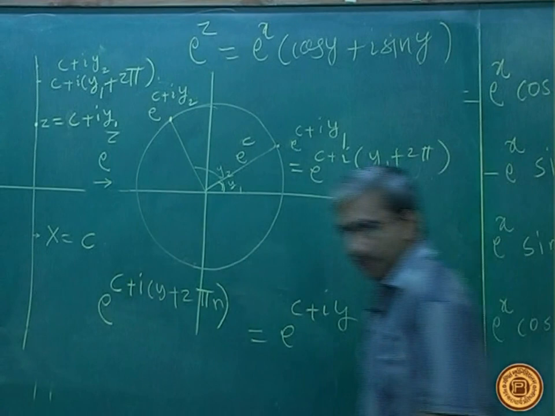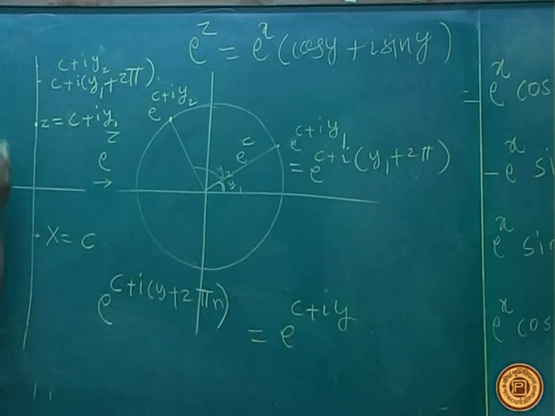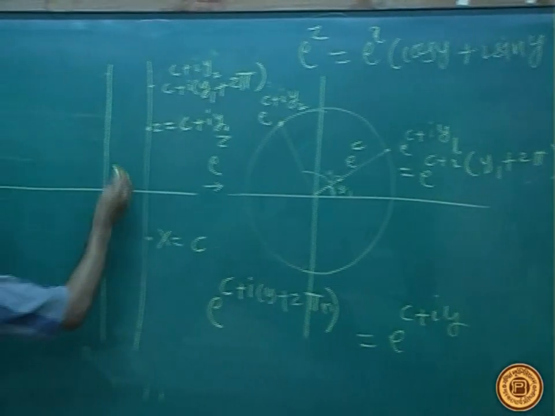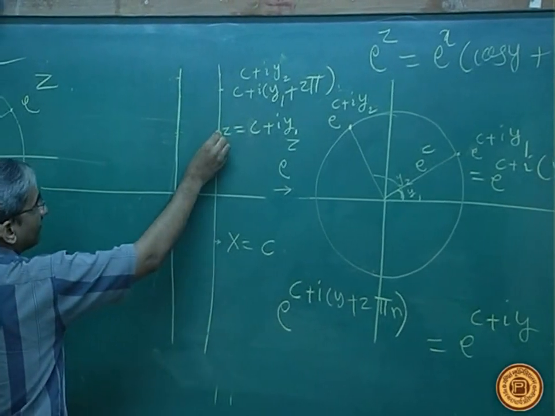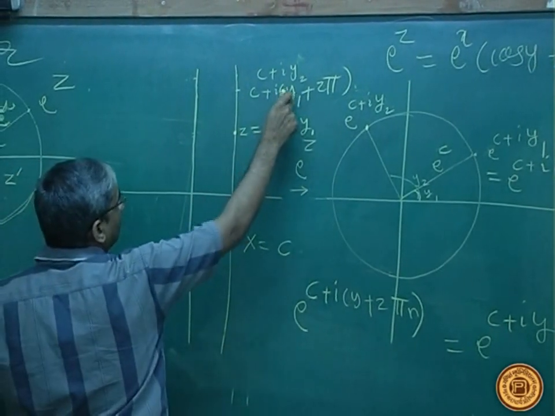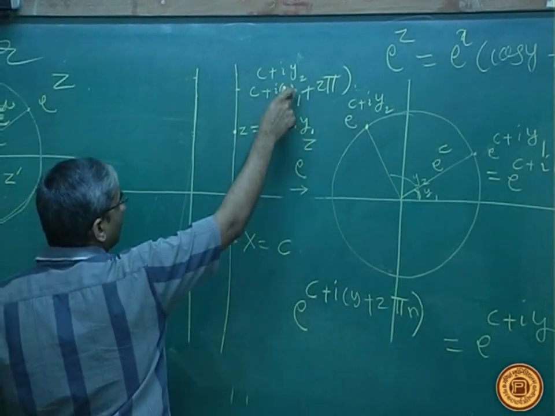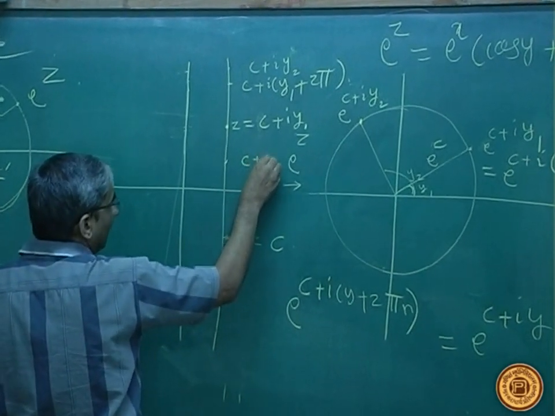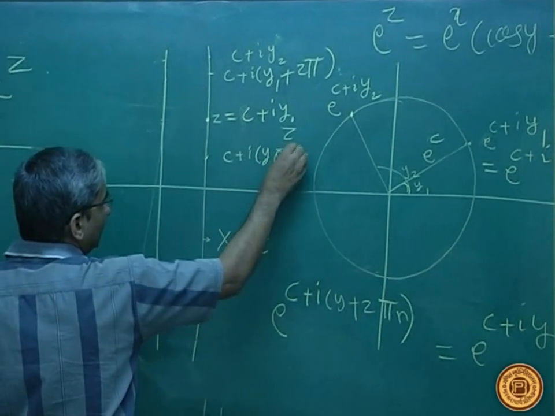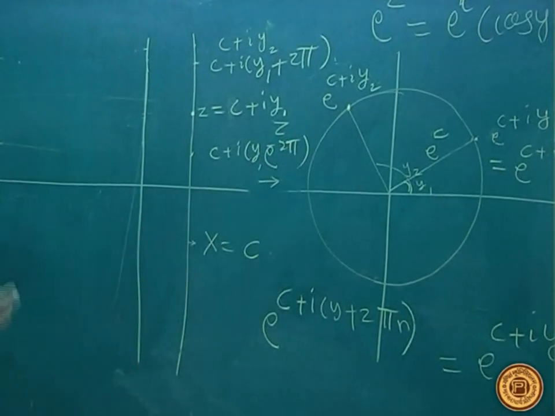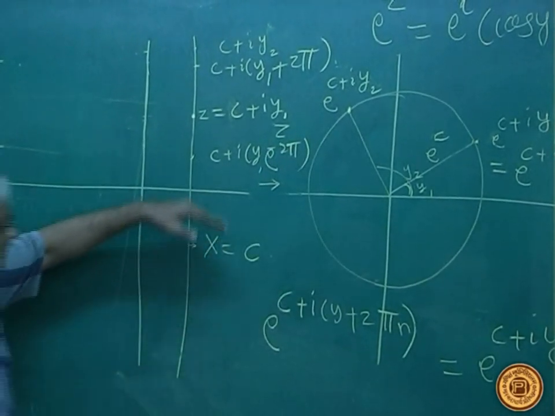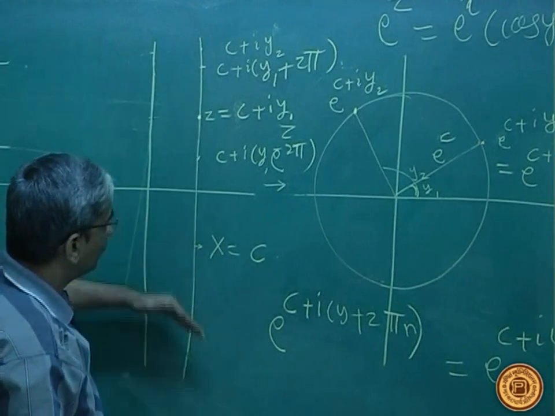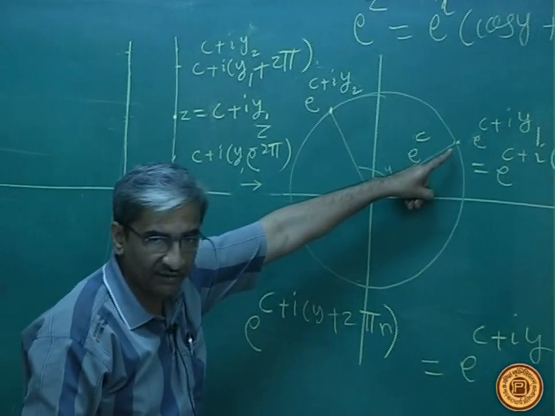So if you look at this line x equal to c and keep taking multiples of 2 pi, so this is z and y1 is the imaginary part, so y1 plus 2 pi. Suppose this is c plus i times y1 minus 2 pi, then also you get the same. So if you just keep changing the argument by a multiple of 2 pi, you hit the same point there.